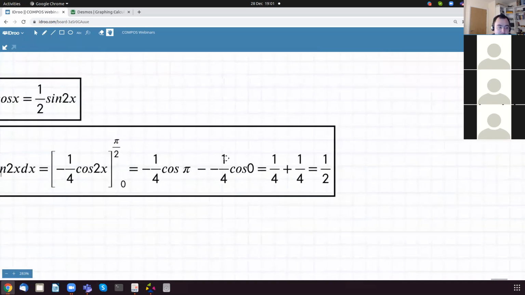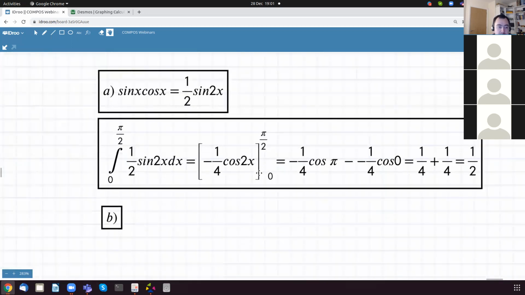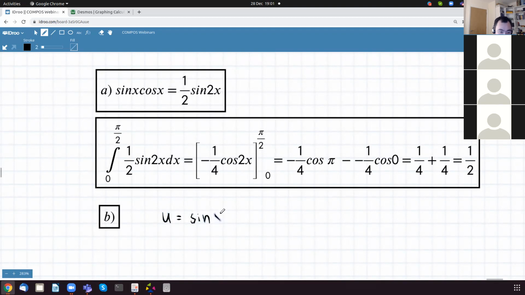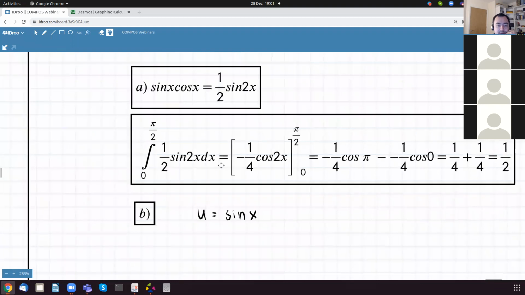Here, we can actually choose either one. I prefer personally to use sine x. So I'm saying u is equal to sine x. This is my substitution, sine x. I need to write the integral as well.